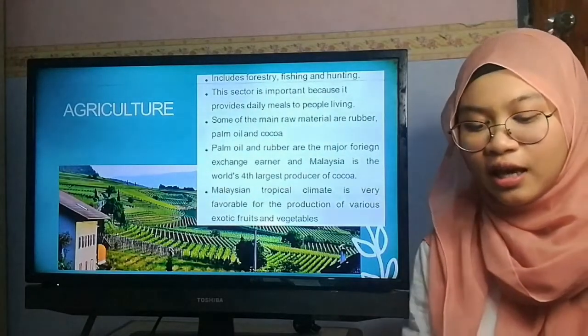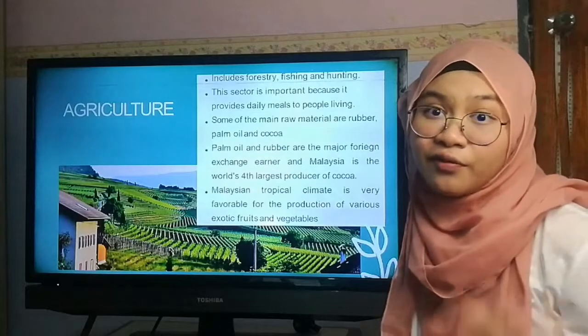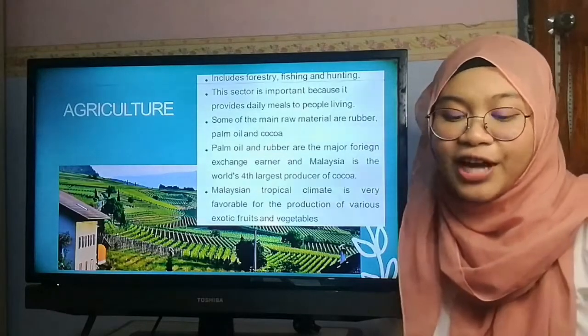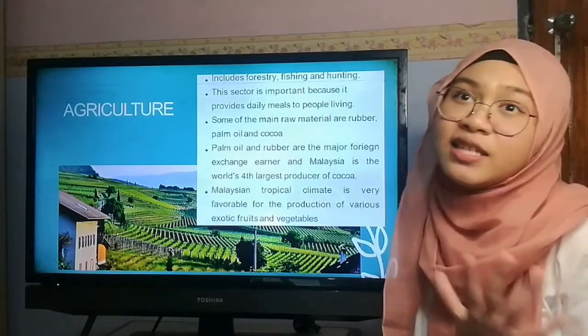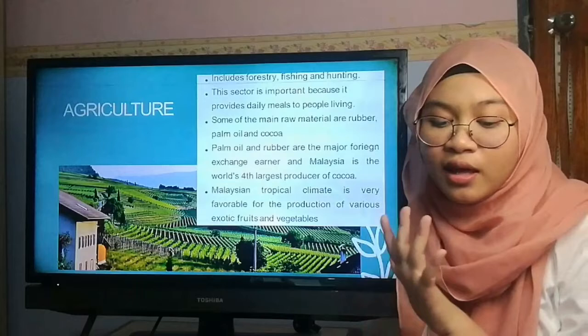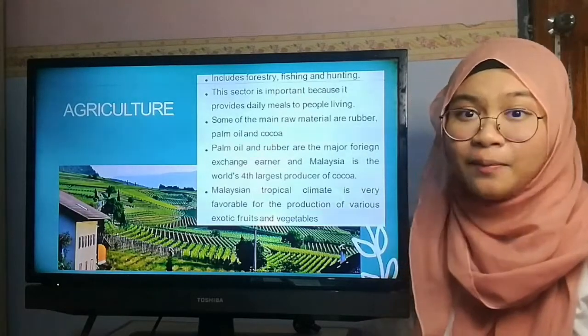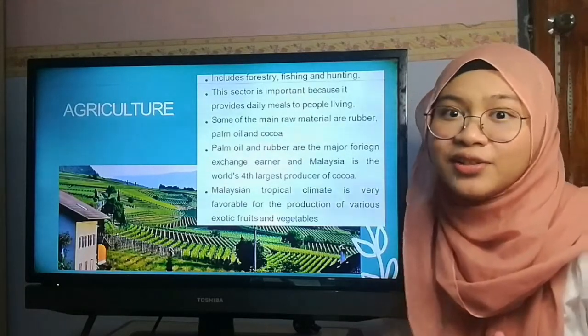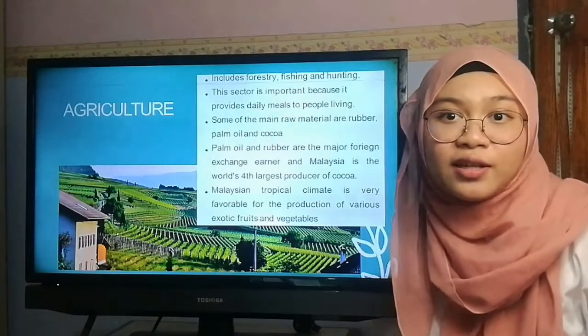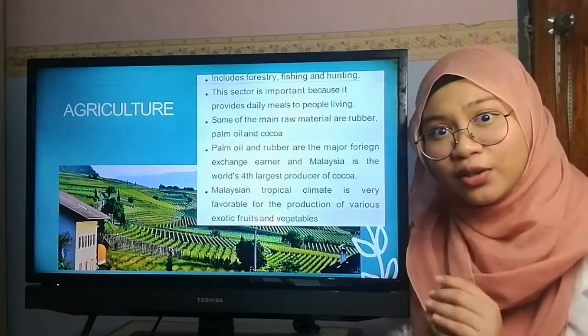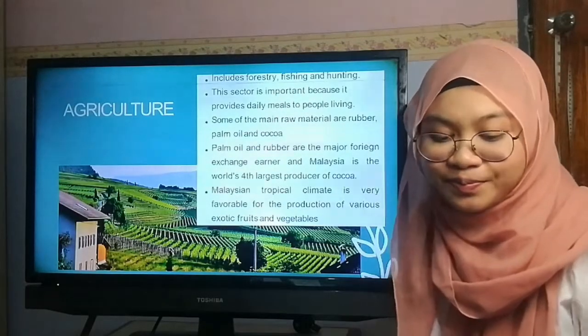Okay. In 1916, the foreign reserve had a very high rate, but from 1970 to the mid-20th century, their contribution to the GDP declined. Even though it has declined, it still remains an important sector in Malaysia since it is closely tied to the manufacturing sector.